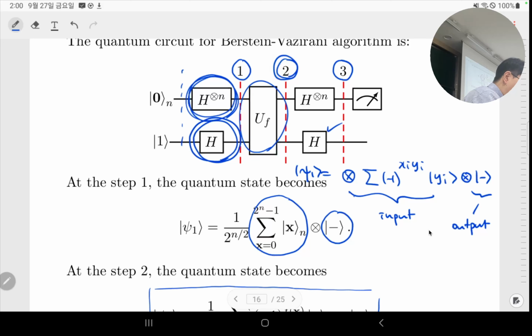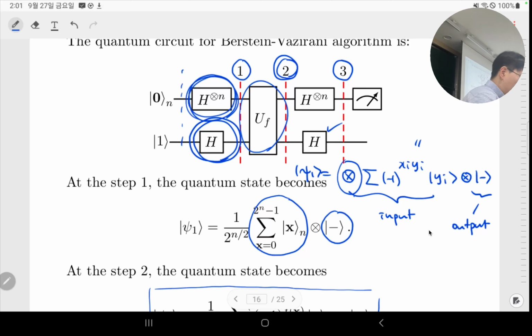But now I can rewrite this a little bit in a different way. Think about the distribution rule of the tensor product. I just take the collection of y0 to y_{n-1} and then take the tensor product of those n 1-qubit states.